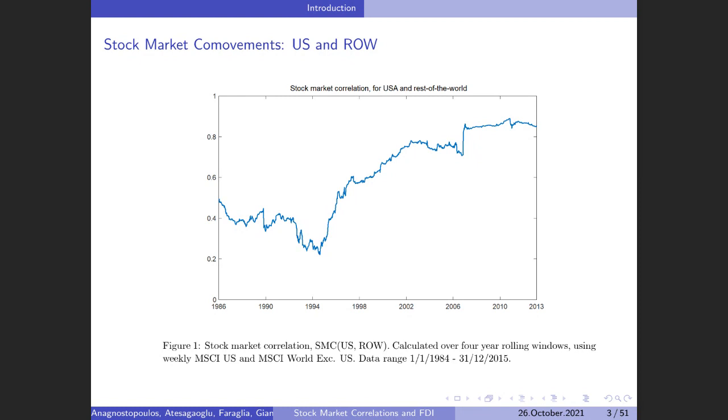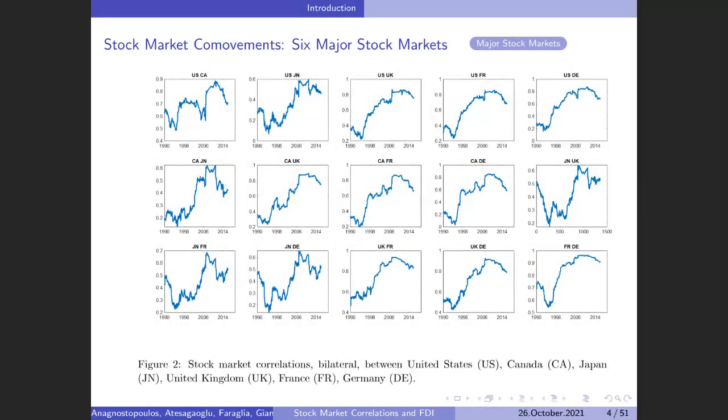Why are these diversification benefits decreasing for portfolio investors? I'm going to explain what we think is the explanation for that. But I just want to tell you the motivation of that question, because it's going to be an important concept for the conjecture that we are after.